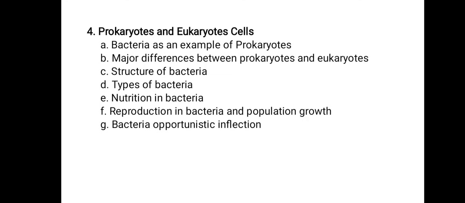In Unit 4, we will discuss the types of cells and talk about prokaryotes and eukaryotes. And in A, we'll talk about bacteria as an example of prokaryotes. Then in B, major differences between prokaryotes and eukaryotes.